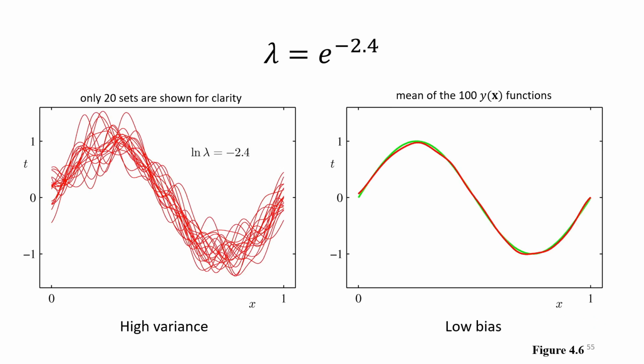If we use a very, very small lambda, okay, next one. Every red curve generated by a set of sampled data will be highly different to each other. So the variance is high, however, the bias is very, very low. So what does this mean?